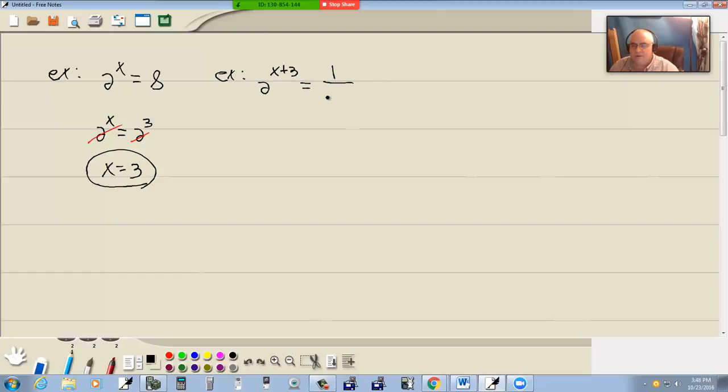Like I say, though, not always so easy to put it in the right form. Let's say I got this problem here. Well, first off, I said earlier we don't want any radicals anywhere in this chapter, so I'm going to rewrite that as 2 to the 1/2. Now once I do that, I see it's really close to being in the right form. I just need to move this 2 to the 1/2 up on top.